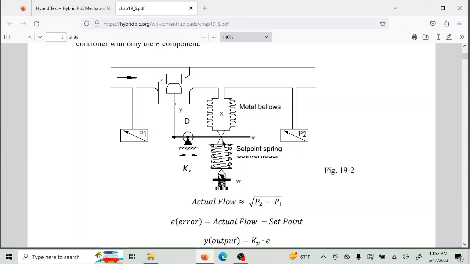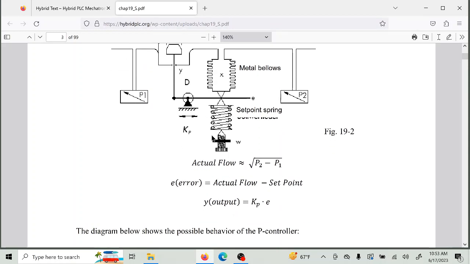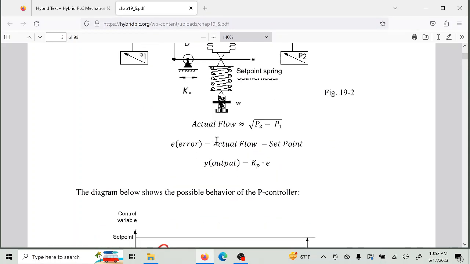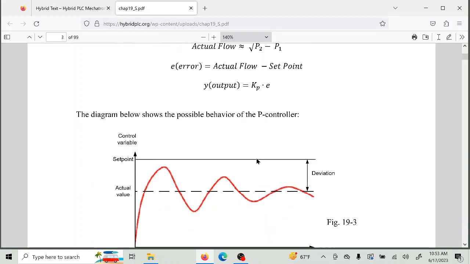The guy with the longest leg of the teeter-totter has more leverage. If you move this over to the right, a little action over here causes a lot of action over here. You move it further to the left, a lot of action over here, a little action over here. So you get the idea that there's a proportion of movement to this, and that would be the P, or the proportional term.